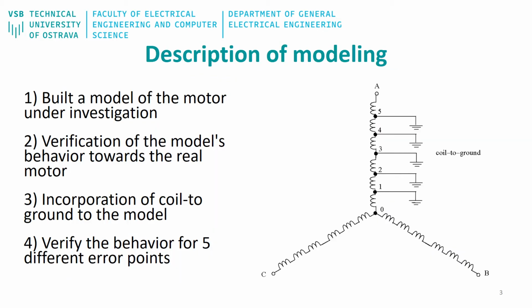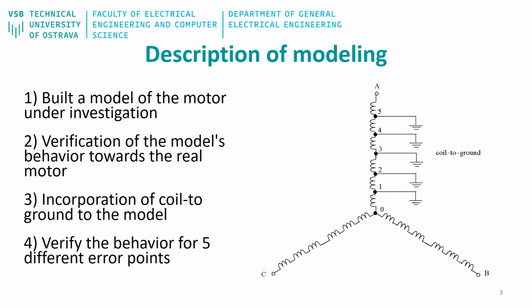Regarding the new models, the first two points were based on work already done. The new procedure considered creating faults in the winding of the tuned motors. The same procedure was prepared for 5 different fault points. For better understanding, we can see the ideal circuit diagram on the right side of the slide.